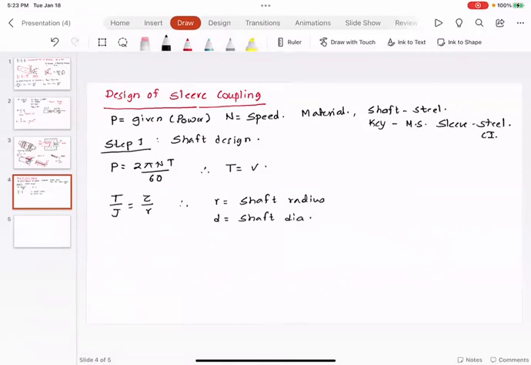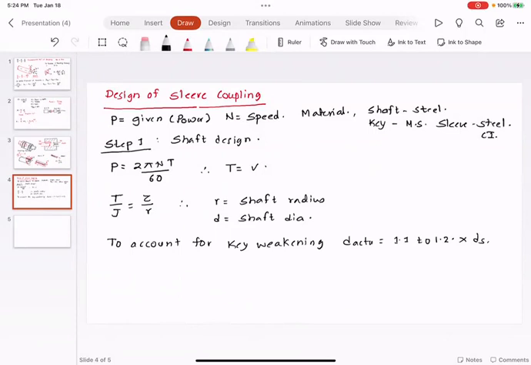Then we have to oversize the shaft to account for key weakening. D actual is equal to 1.1 to 1.2 times D shaft.